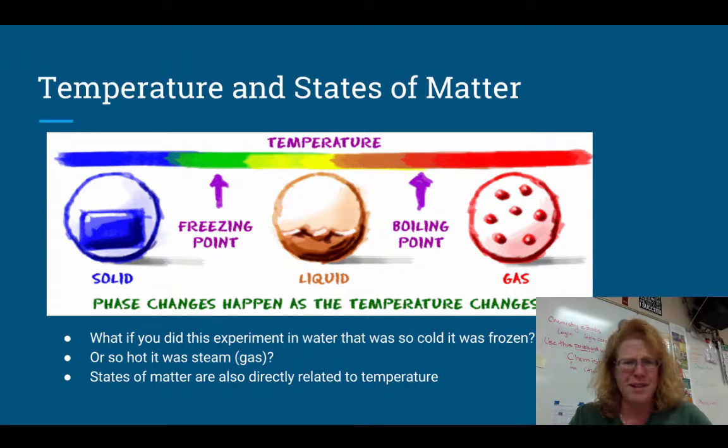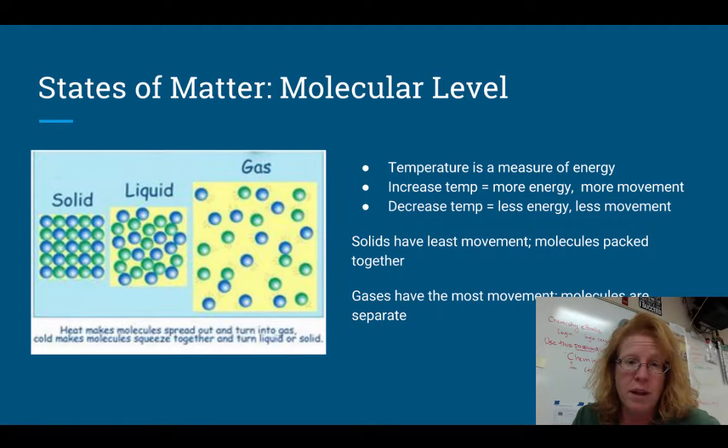If you had to try to do this, I can't even imagine doing this, but if you did it with steam, something that was a gas, those molecules are moving really, really quickly. So again, the idea of the phases or the states of matter is simply a matter of relative motion. Are they so cold that they're basically holding still, or so hot that they're bouncing off the walls and going crazy in terms of what they are?